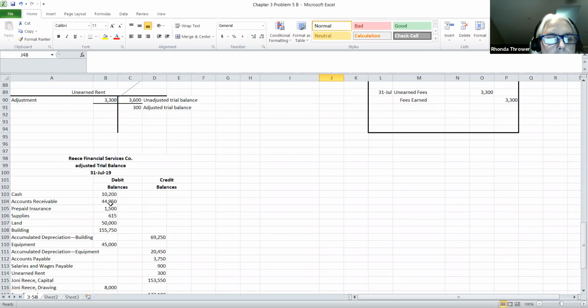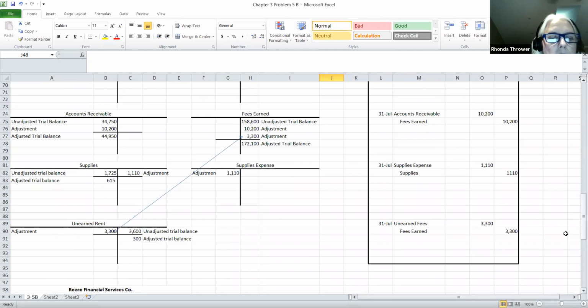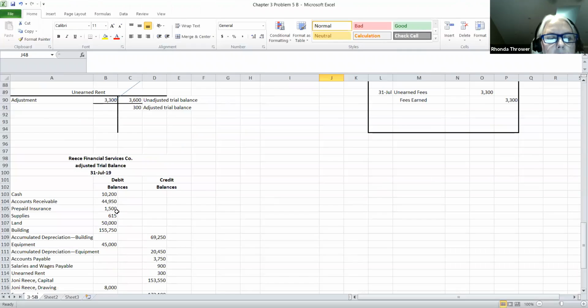That would be a debit balance that is brought down from our new balance in the ledger account. Since we didn't have ledgers, my T accounts will represent the ledger accounts. The ending balance is $44,950. That would be placed on the adjusted trial balance.